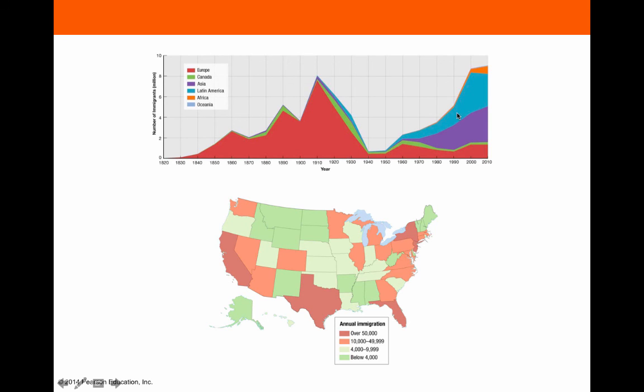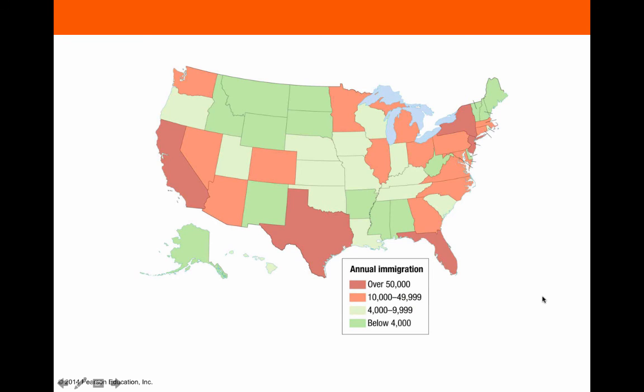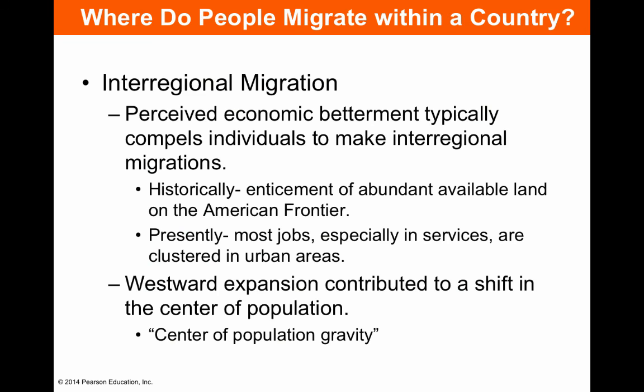And you're going to see lots and lots of people from Oceania later in the late 1990s into the 2000s, and then people from Africa. So this shows what states people are coming to, and that's it.